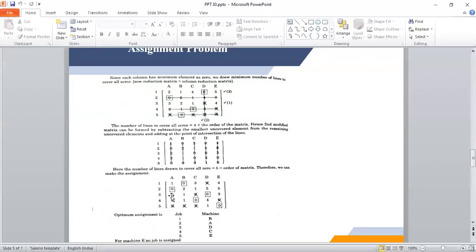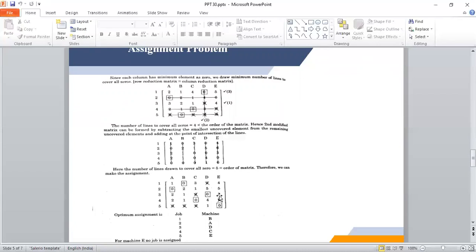Similarly, if we delete this row and this column, then we again check for the next row or column where there is 1 zero. If there is no such line, then we take one with 2 zeros and we can make the assignment anywhere as you wish.